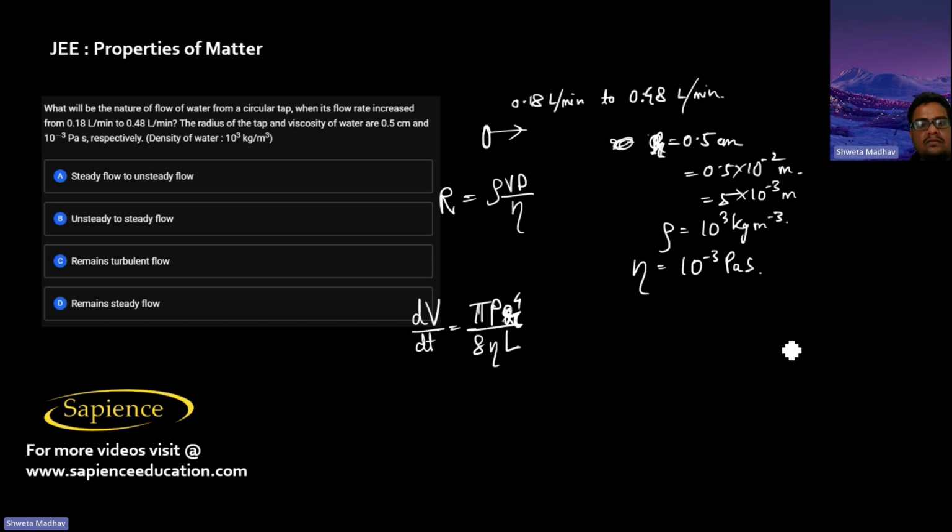Now actually dV by dt, the volume flow rate, is given as area of cross section into the speed, that is the velocity.